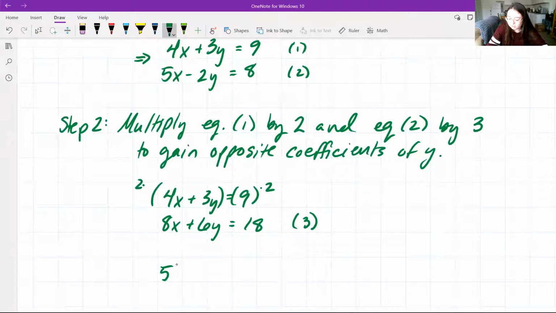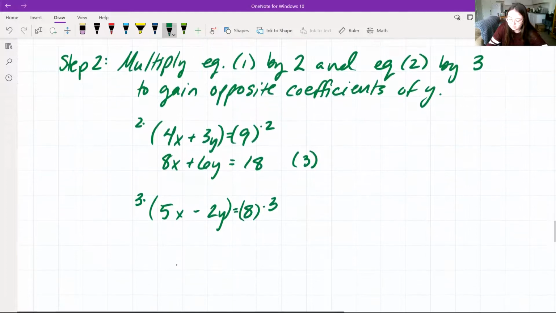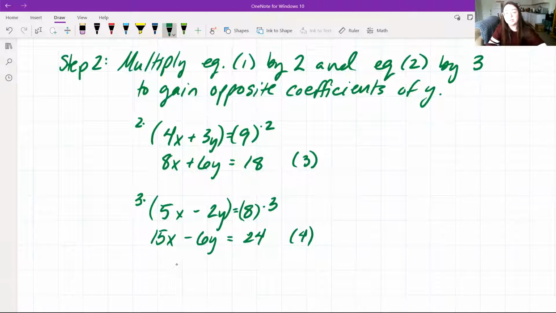Then we're multiplying equation 2 by 3. So we have 5x minus 2y is equal to 8. We're multiplying each side by 3. And now we're going to get 15x minus 6y is equal to 24, which is now going to be equation 4.